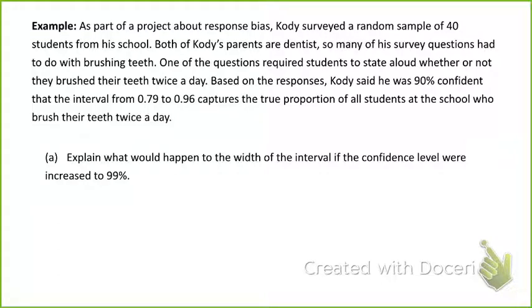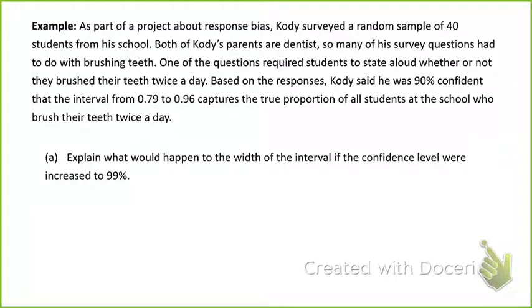As part of a project about response bias, Cody surveyed a random sample of 40 students from his school. Both of Cody's parents are dentists, so many of his survey questions had to do with brushing teeth. One of the questions required students to state aloud whether or not they brush their teeth twice a day.